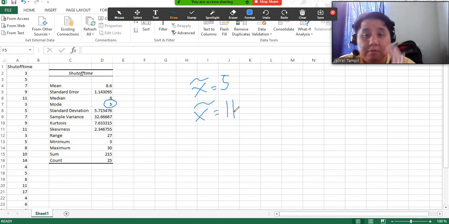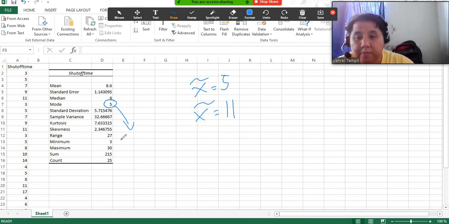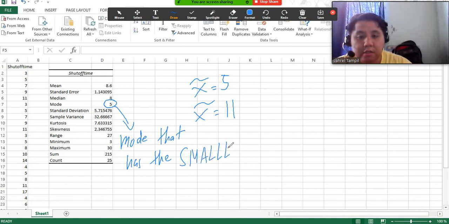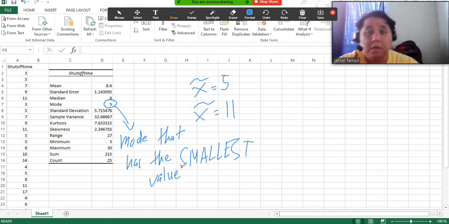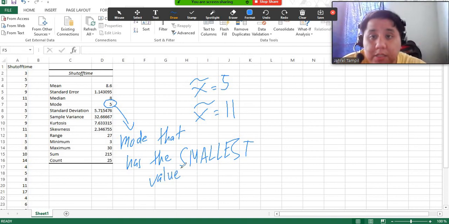Take note, the reason why only 5 is reported is that Excel reports only the mode that has the smallest, let's write it in capital letters, the smallest value. Which would mean that this is something that we have to double check whenever we're going to look for mode in our distribution, because there might be more than one mode.